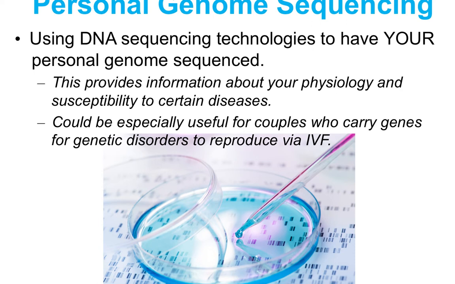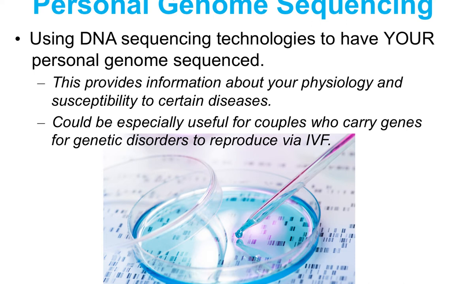These days we can have your genome sequenced and run a panel to find out if you have 20-ish to 170 different known genetic alleles that are used to cause breast cancer. This can be particularly useful. It's very expensive, but it can be useful.